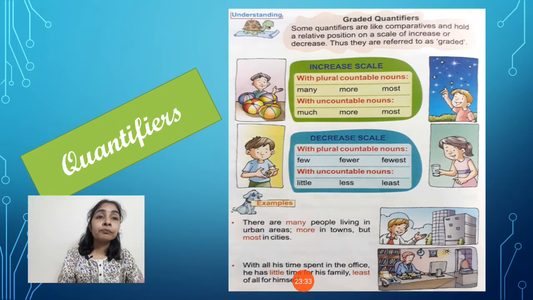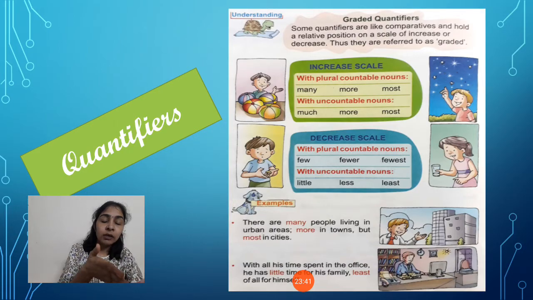Okay, now graded quantifiers. There are some graded quantifiers also, like many, more, most, like positive, comparative, and superlative. So where are they used? Some quantifiers are like comparatives and hold a relative position on the scale of increase or decrease. Thus they are referred as graded.